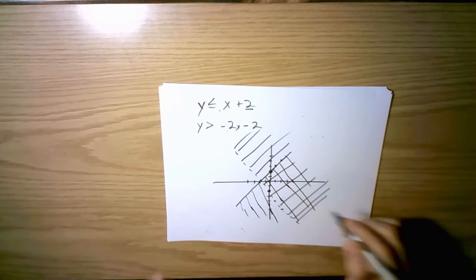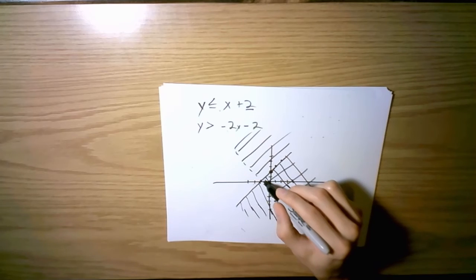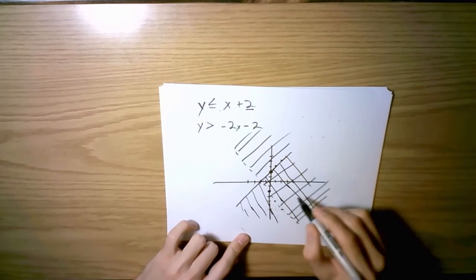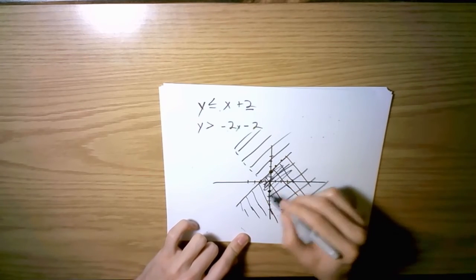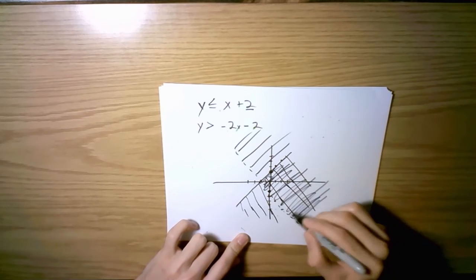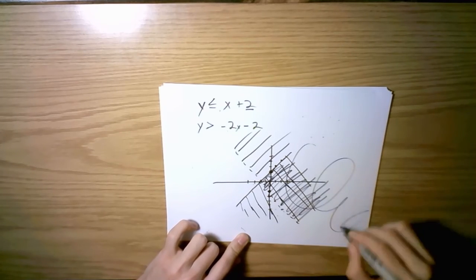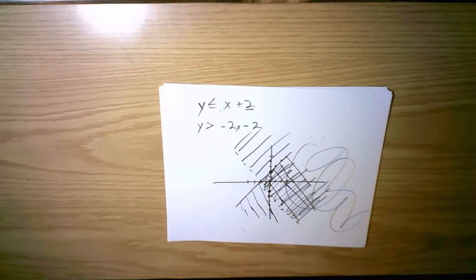So if you see here, the solution would be when the shading overlaps. So it overlaps in this area right here. So everything in this area, it goes out to infinity. That's part of our solution. So that's how you graph inequalities to help solve the problems.